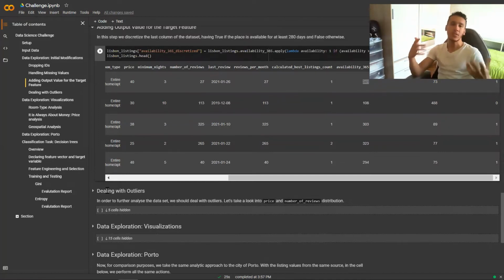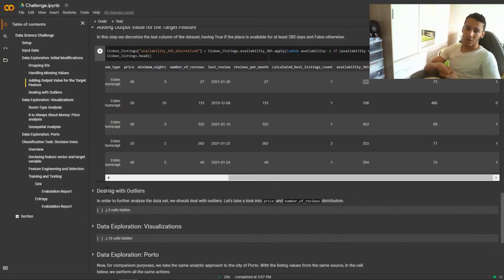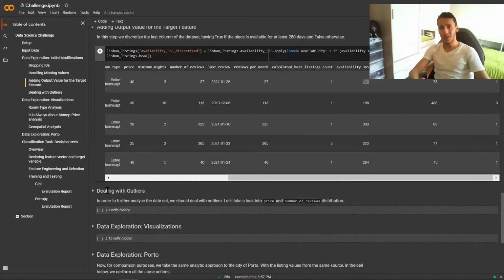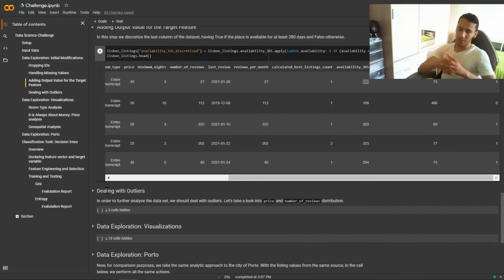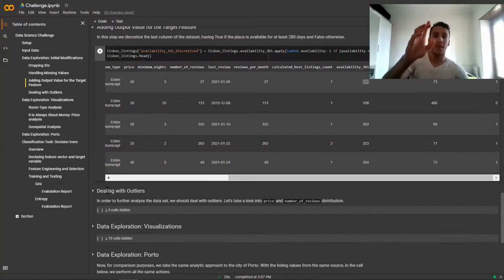They are really concentrated under 100, as we are going to see. But sometimes we have houses that are thousands of euros per night because they are luxurious houses. So although it appears as an outlier, it's not really an outlier. So we have to be careful about that, and we are going to look at how we are going to deal with these outliers. Let's go.